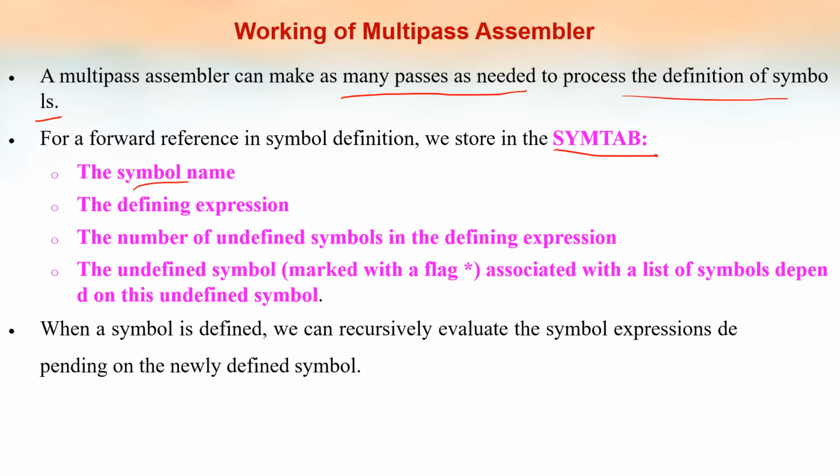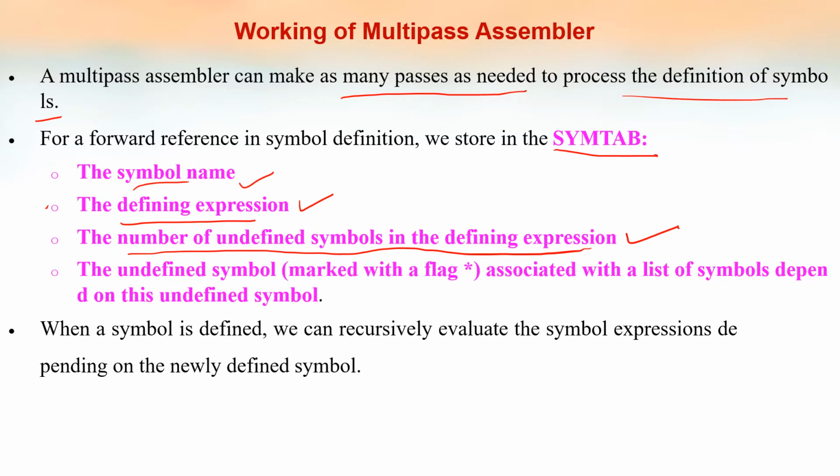In addition to that, in multi-pass assembler, the SymTab contains the following things. First is the symbol name, then the defining expression, that is the part after EQU, which is the definition of the symbol. The third thing is the number of undefined symbols in the defining expression.